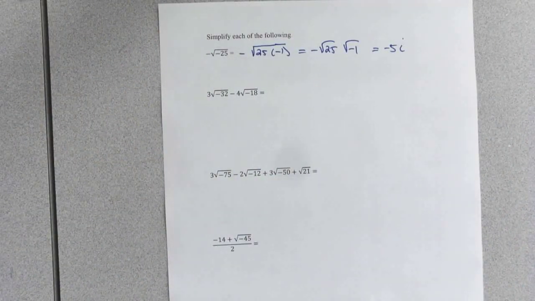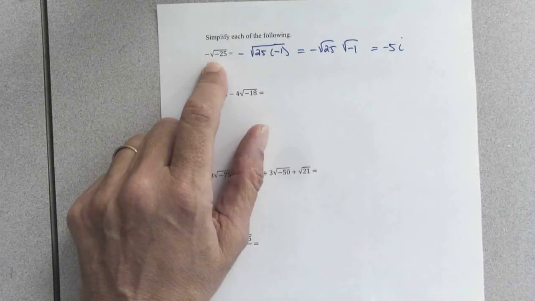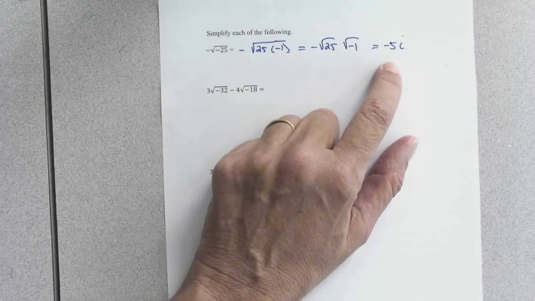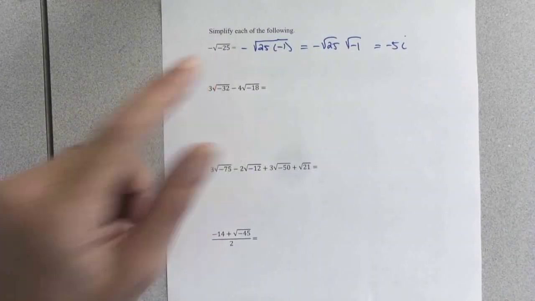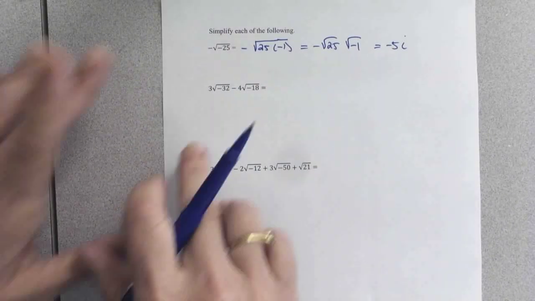Showing way more detail than I would ever expect to see. My hope would be that you would just look at negative the square root of -25 and just write down -5i. The thing I really wanted to emphasize here is those two negatives don't cancel each other out. Anytime you have a negative inside a square root, you are going to have an i.